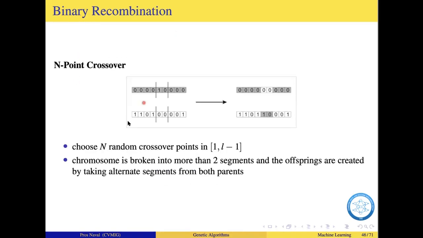For n-point crossover, we choose n random crossover points in 1 to L minus 1, and the chromosome is broken into more than two segments, 3 in this case, and the offspring are created by taking alternate segments from both parents. That's your n-point crossover.